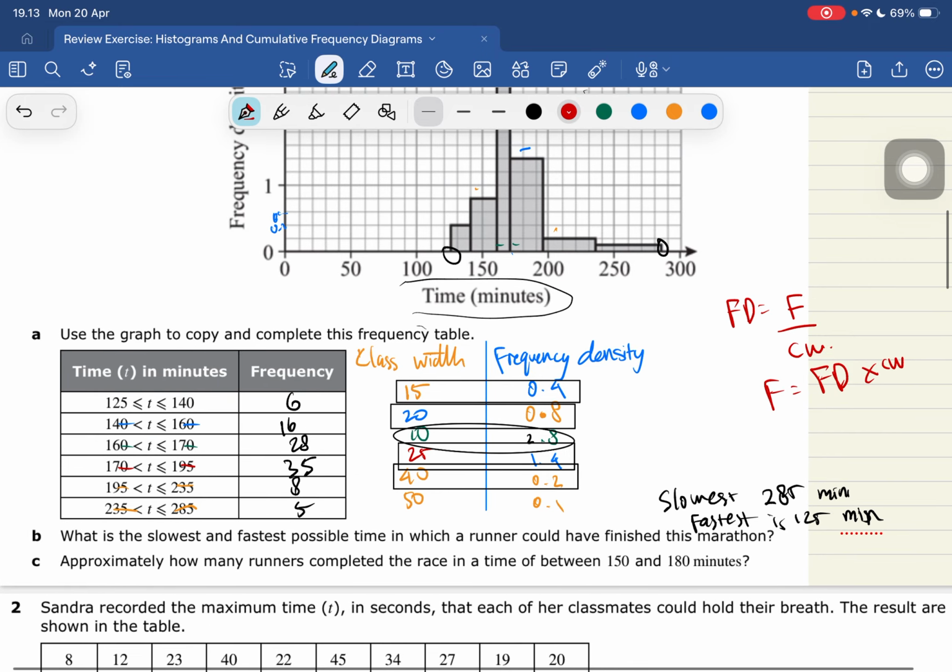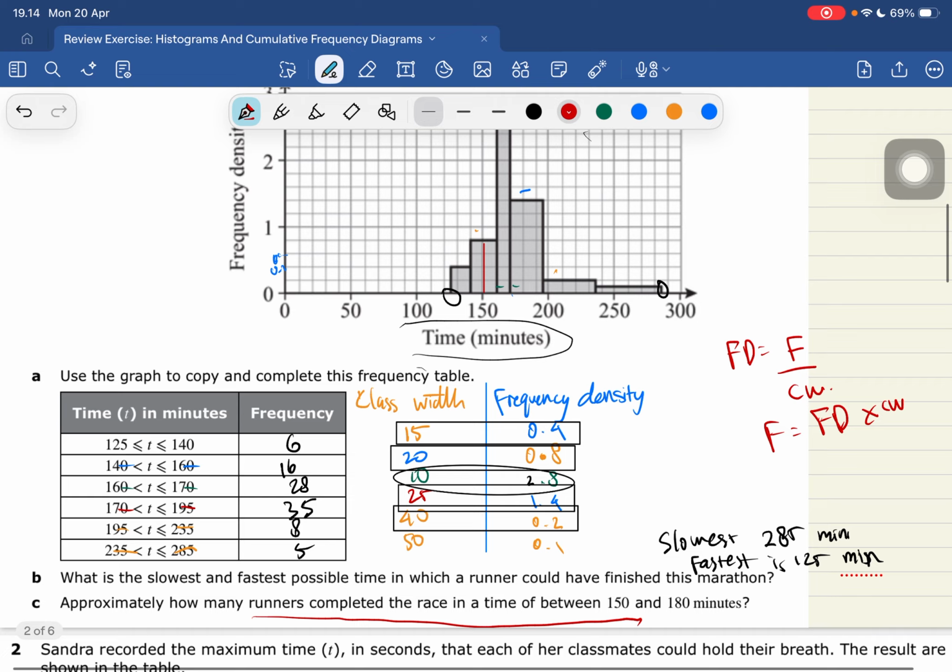Next, approximately how many runners completed the race in a time between 150 and 180?